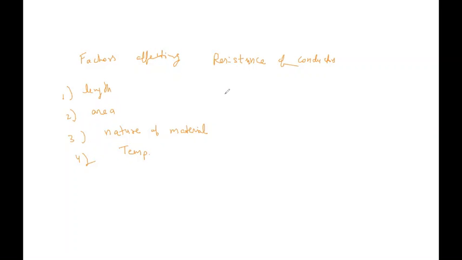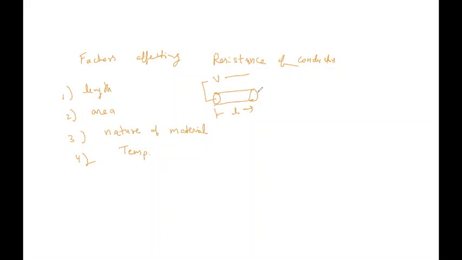Why? Because if this is a conductor, let's say a rod, which thing will you consider as the length? The one across which you are applying the potential difference. Always remember, because we can call anything length, breadth and height.